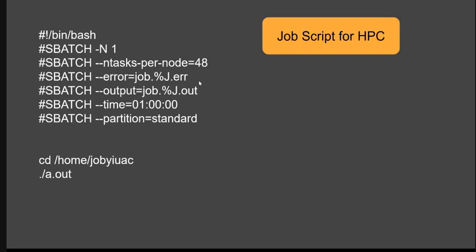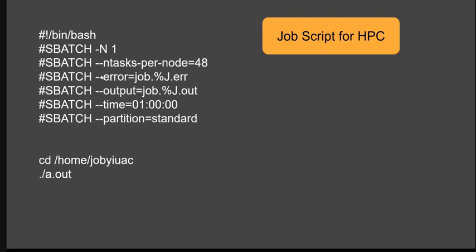So I have written 48 here, but depending on your use case, if you are submitting very small programs like the one that I'm currently submitting, you can reduce this number to maybe 2 or 4 cores so that there can be a better resource allocation for others as well.